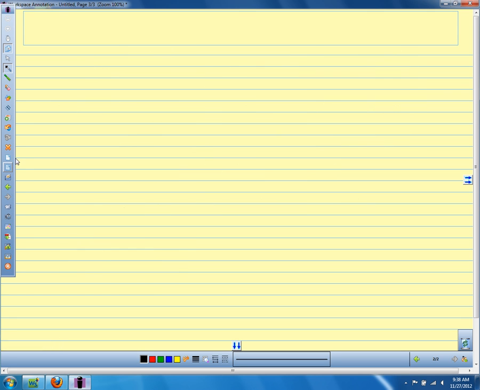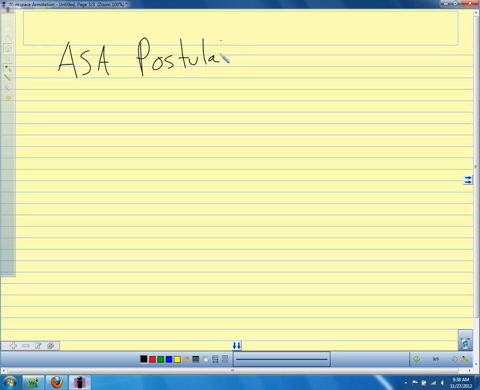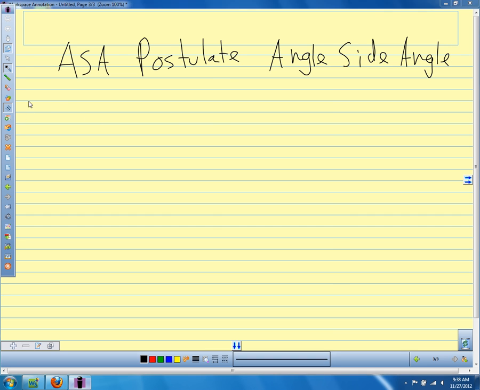Okay, our third one, up on the top right, ASA. This is angle, side, angle. And what this tells us, it's almost the same as the last one, is that we have two triangles.